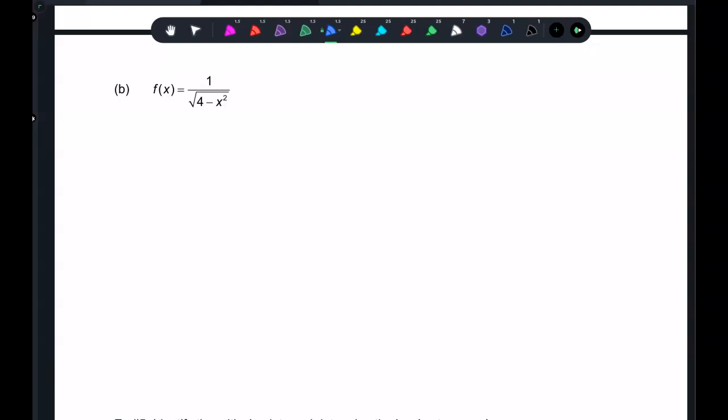Okay. Domain. All right, first thing, I noticed there's a square root. So whatever's under the square root has to be greater than or equal to 0, but because it's also in the denominator, it can't be equal to 0. It's going to be plus or minus 2.